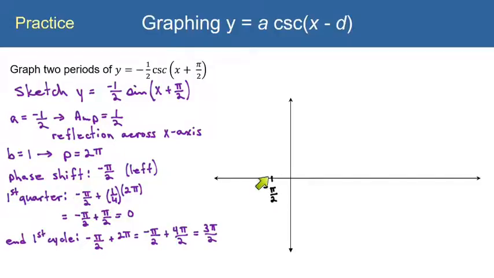So here is the phase shift. So pi over 2 to the left. And then I know my first quarter mark goes on the axis, and then the rest of the evenly spaced marks. And there my fourth evenly spaced mark is at 3 pi over 2. And we could go ahead and add 4 more marks, and 3 pi over 2 plus another 4 pi over 2 gives us 7 pi over 2.